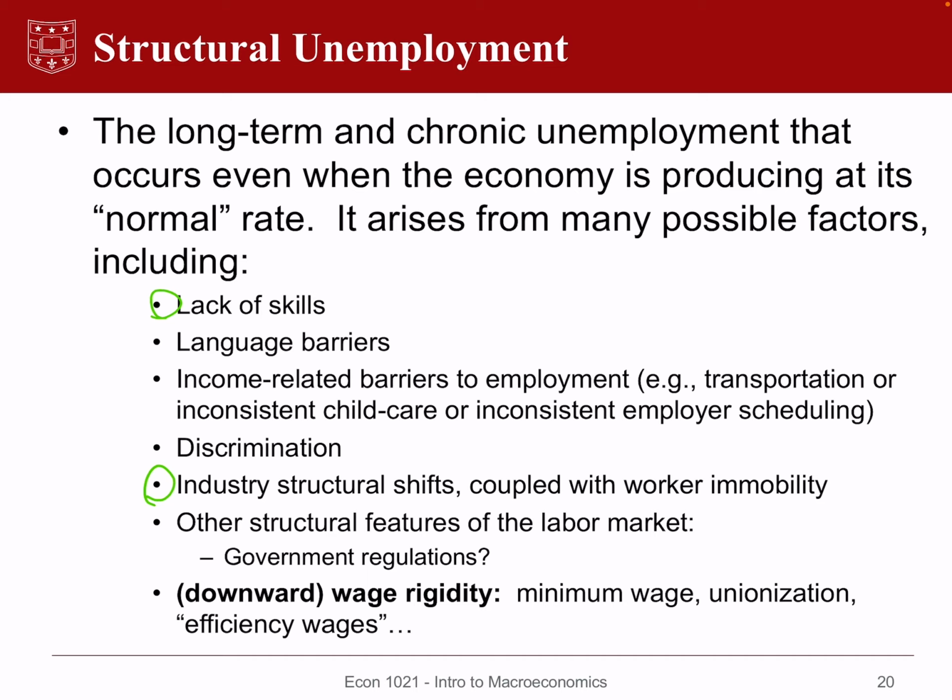So with frictional unemployment, it's not a relative shortage of jobs. It's that there's a temporary imbalance in the skills mix. For structural unemployment, again, the fundamental distinguishing factor is that we are talking about there simply not being enough jobs for everyone who wants to work at the prevailing minimum wage.